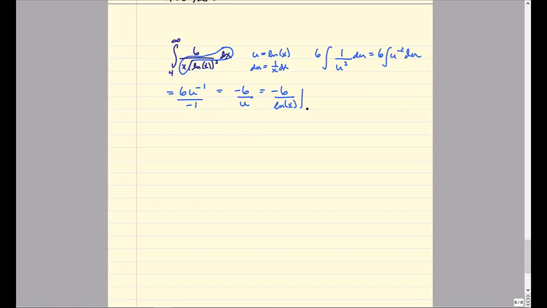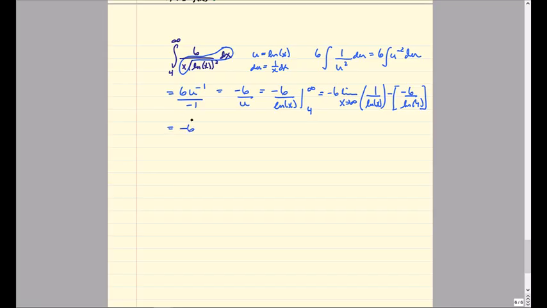And now I'll evaluate it from 4 to infinity. So this is negative 6 limit as x approaches infinity of 1 over natural log of x. So there's my upper minus my lower, which would be negative 6 over natural log of 4.